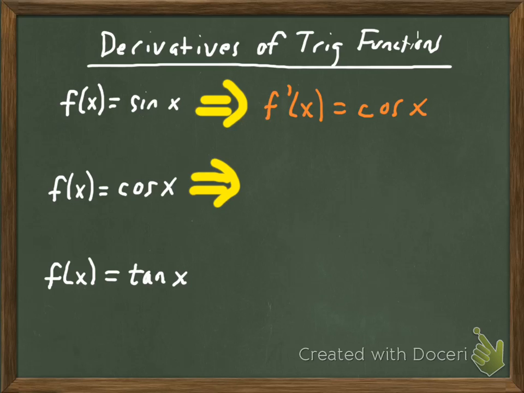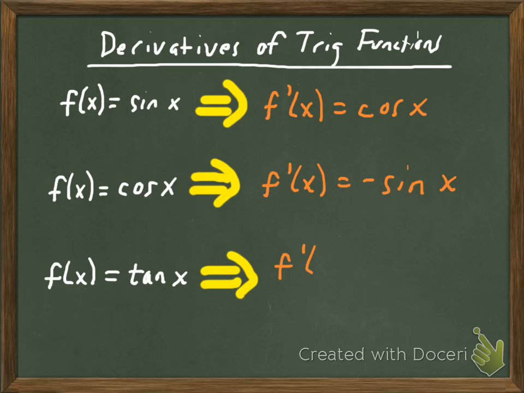The derivative of cosine x ends up being the opposite of sine x, or negative sine x. And the last differentiation rule that we're learning here is that for the tangent of x. It turns out that the derivative of the tangent of x is equal to 1 over the square of the cosine of x, or 1 over cosine squared x.